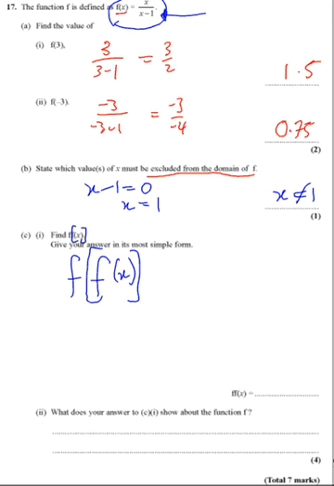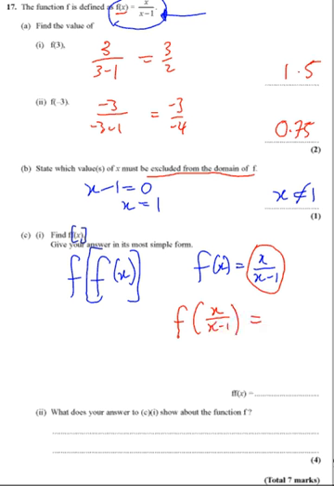So f of x takes whatever you put in and gives you x over x minus 1. Now, if we take this result and put that into f, what do we get? That's what the question's asking.